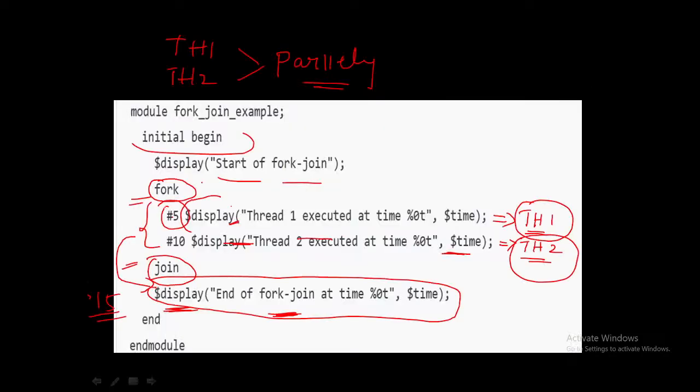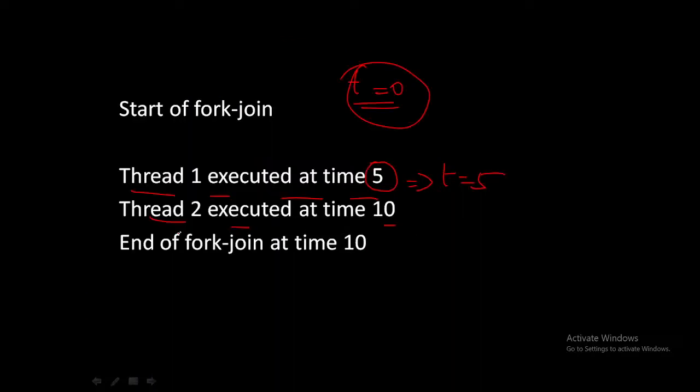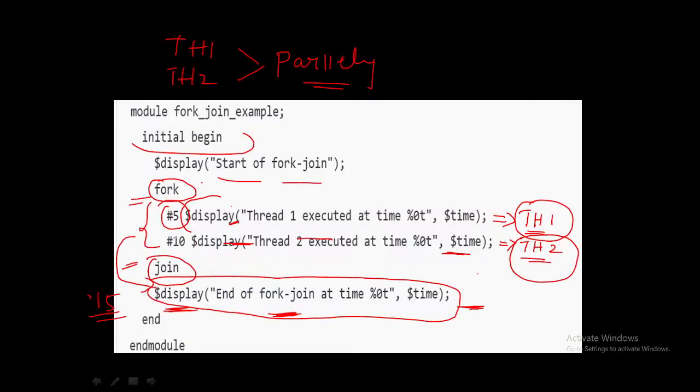So the two threads in this fork join have completed executing. Since the two threads have completed executing, the compiler will come out of this fork join block and execute the third statement, that is, end of fork join at time. So here you can see end of fork join at time t equal to 10. Sorry, it is not 15, it is time t equal to 10.